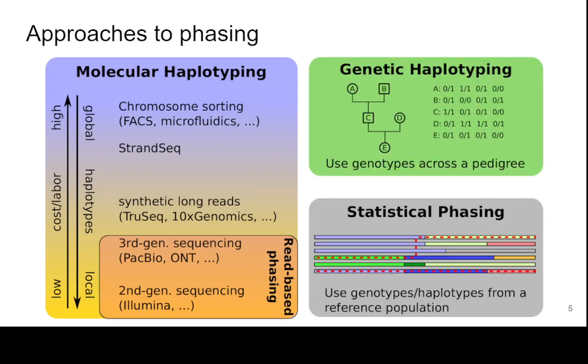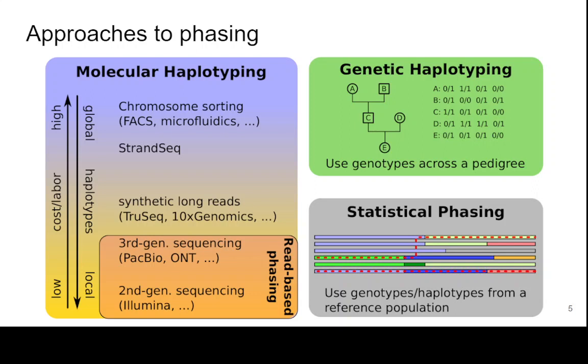More traditionally, techniques like genetic and statistical phasing have been followed, for example in the 1000 Genomes Project. In genetic haplotyping, essentially you make use of prior information and try to explain the haplotypes based on the inheritance.